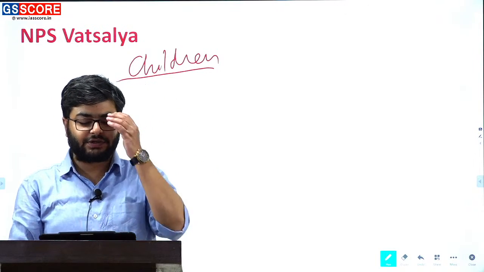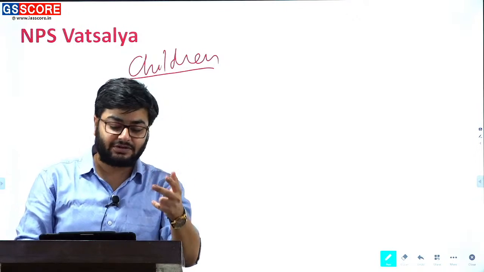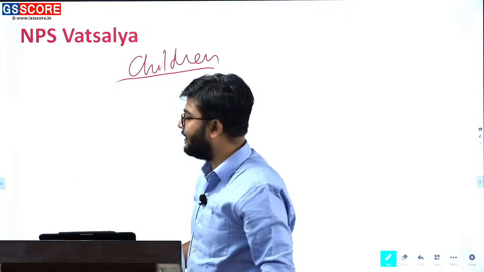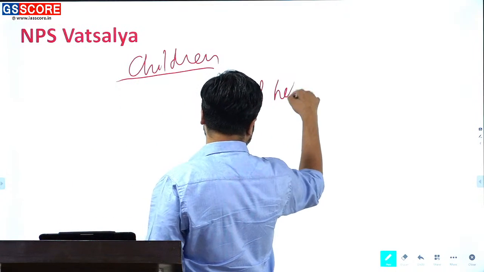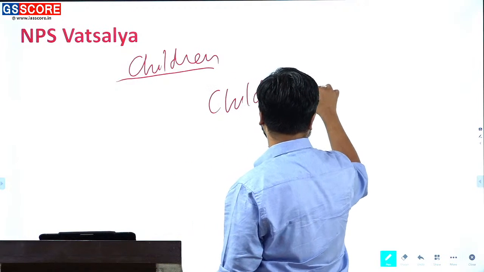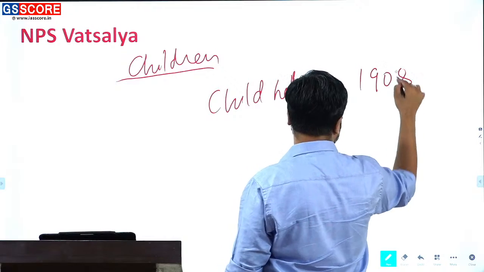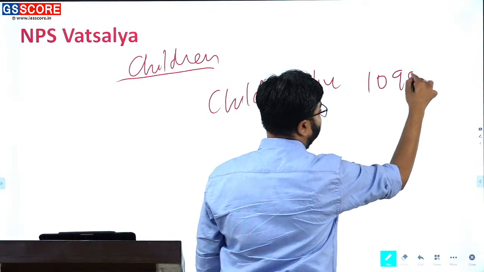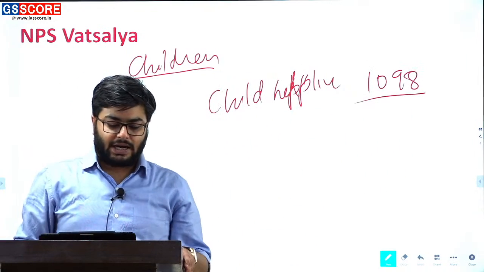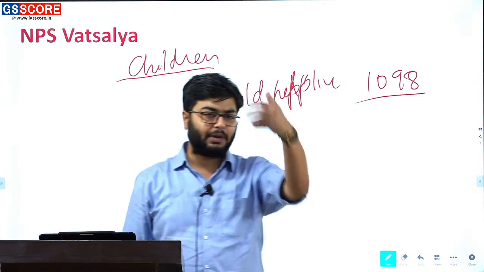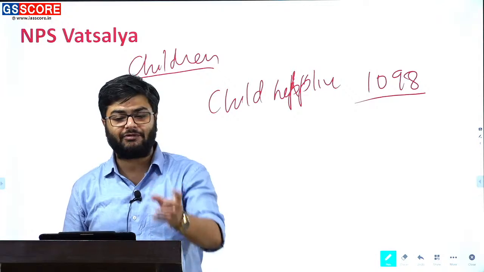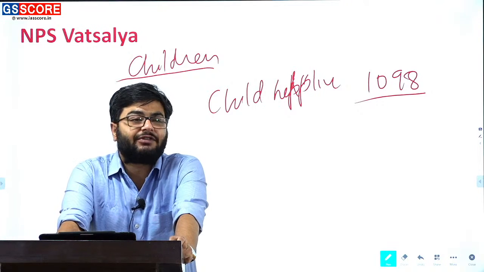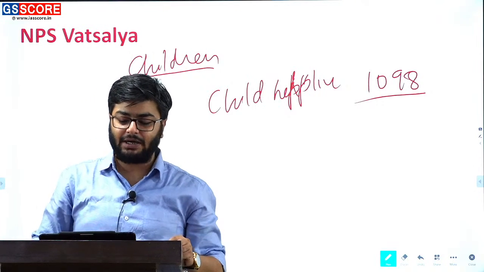So child protection services, both institutional as well as non-institutional: child care institutions, foster care, child helpline 1098. They are integrated. So you are focusing on multiple aspects related to child protection and welfare: early childhood care and education, nutrition, safety from trafficking and abuse, rehabilitation.